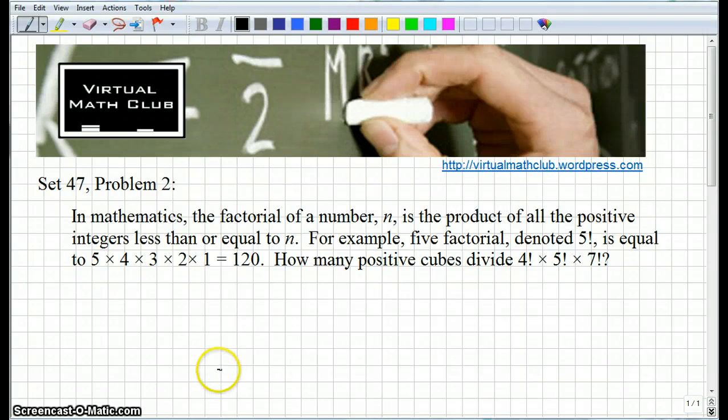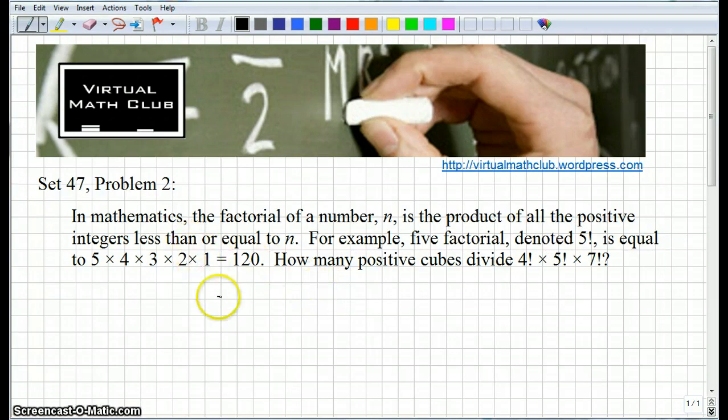Alright, problem number 2. Now the first part of this problem is just defining what the factorial of a number is. Okay, so if we have any number n, then the factorial of the number is the product of all of the positive integers less than or equal to n.